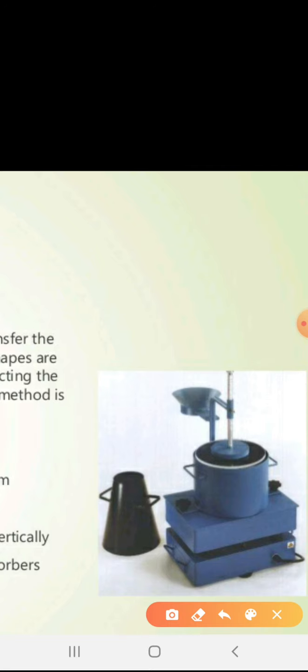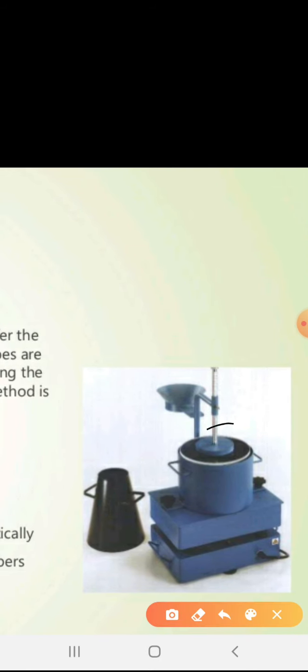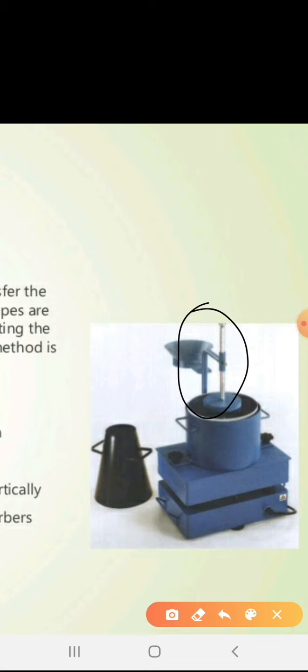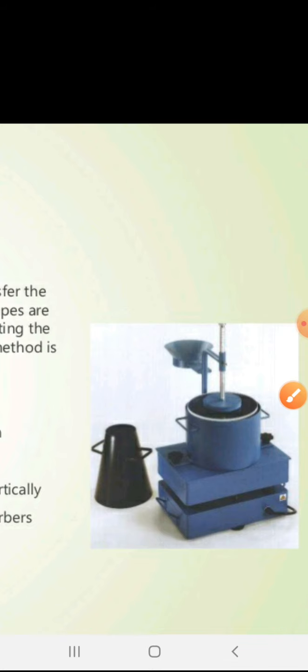Cement, sand, aggregate, paste has been completely filled in this mold. A glass plate, you can see here, is attached to the handle. So this is attachable and detachable. Before that, the disc should be removed here.